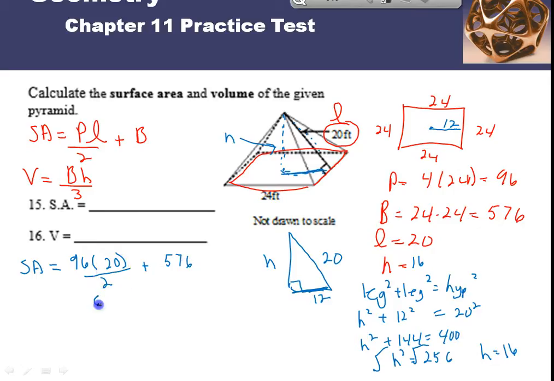So that looks like 960 plus 576, which is 1536.